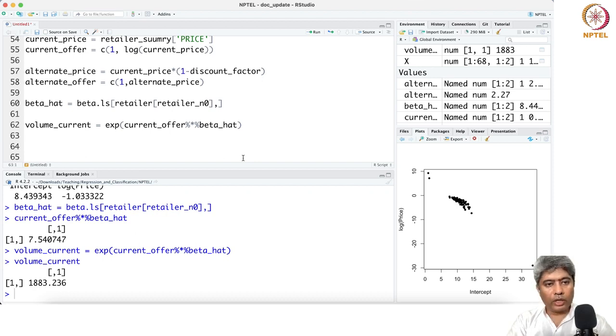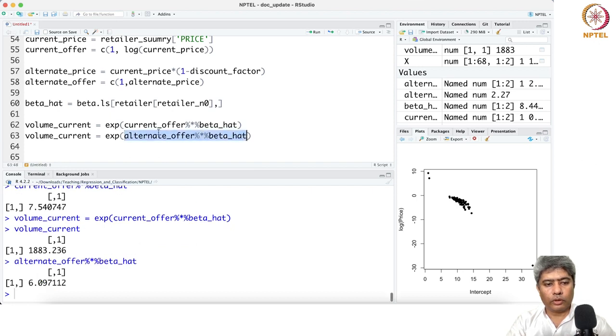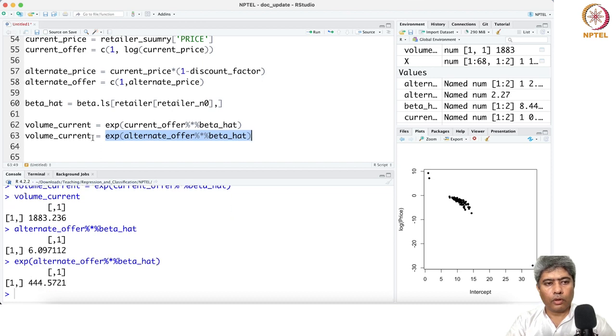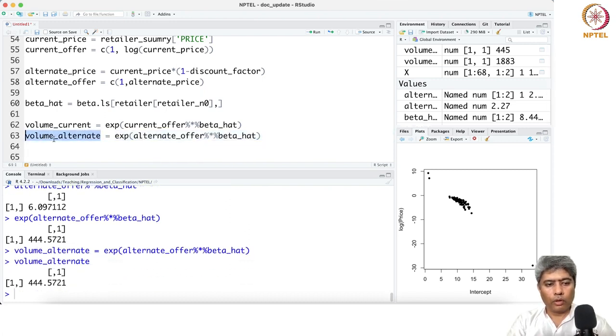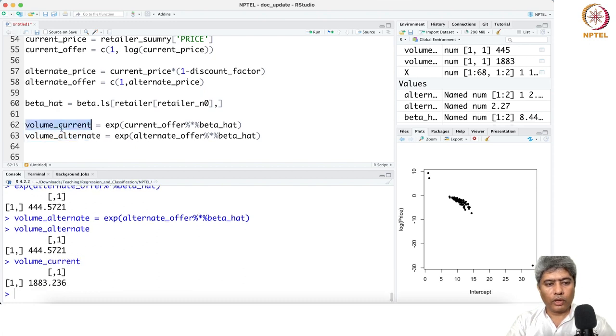Now similarly I can also make a prediction for the alternate offer. So this is my current offer, this is my alternate offer.